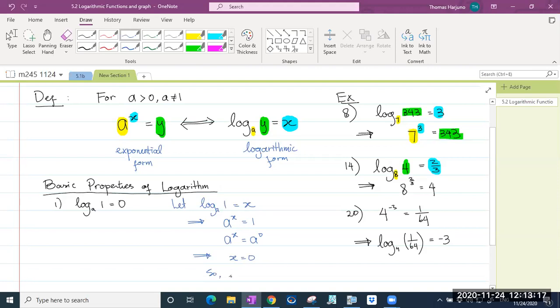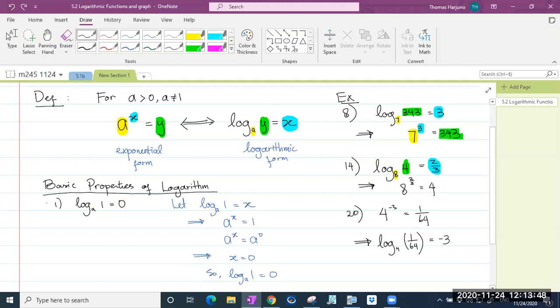So log base a of 1 is equal to 0. Basically, you ask yourself, a to what power equals 1? So to answer log questions, when I ask you to compute a log, sometimes one of the ways to do it is by converting it into exponential form first.